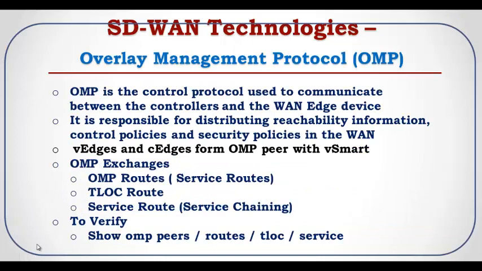And we learned about this protocol OMP. OMP is the protocol that is responsible for distribution of the route information between the edge devices, the route information as well as the TLOC, transport locator route. Please try to understand this.